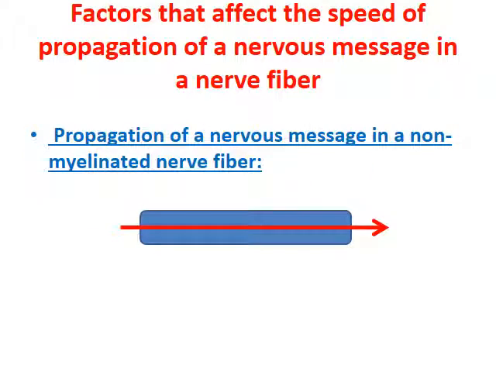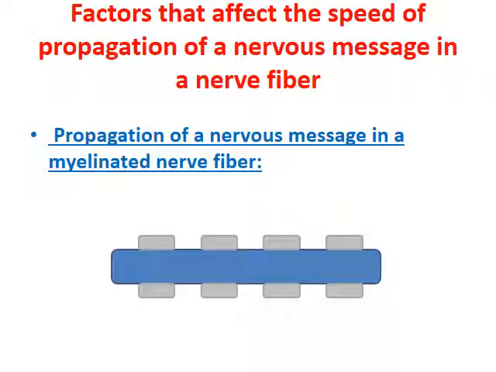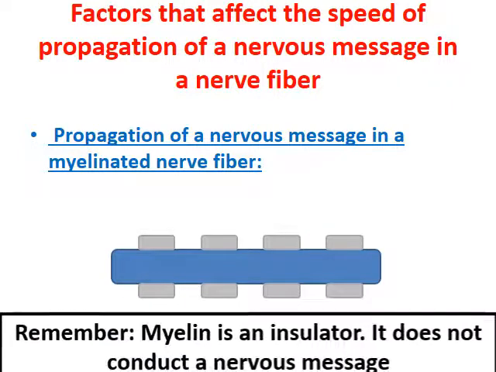In the absence of myelin, in a non-myelinated nerve fiber, the message propagates this way. Whenever we have myelin, the message propagates in a myelinated fiber in such a way that it's called a saltatory movement.